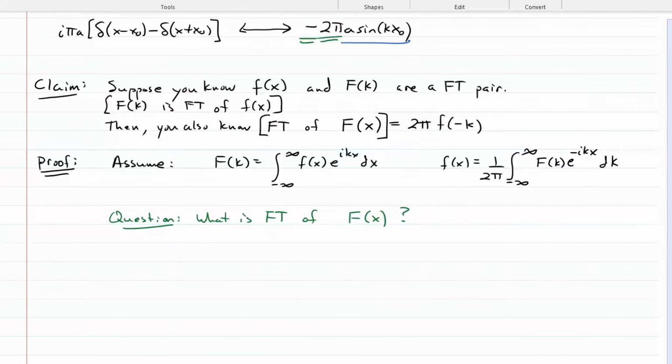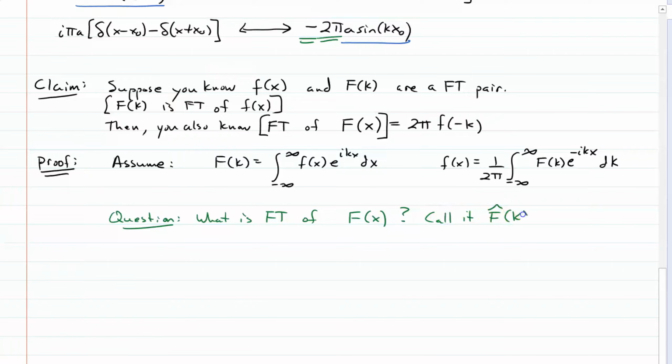I'm not quite sure what to call this function, because normally the function of x is a small letter and the function of k is the big letter, and here the function has a big letter and I can't make it a bigger letter, right? I'm really in a bit of a notational bind, so let's just call it F hat. Let's call it F hat of k.